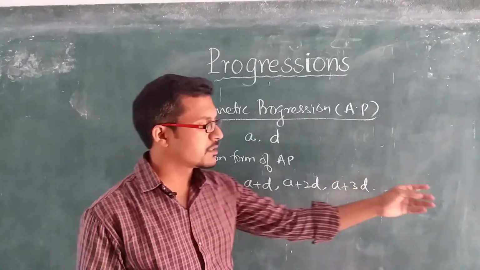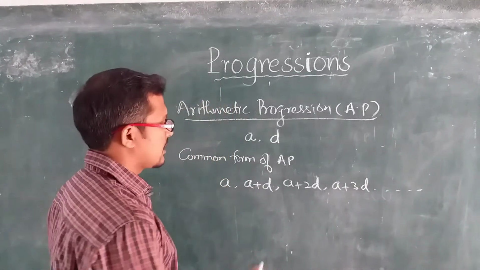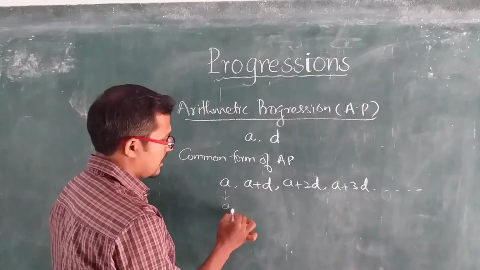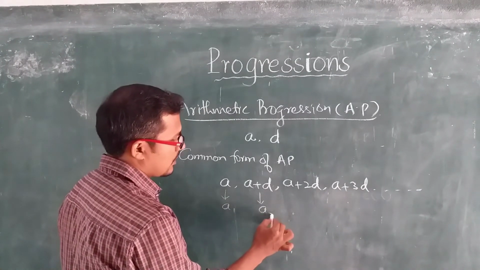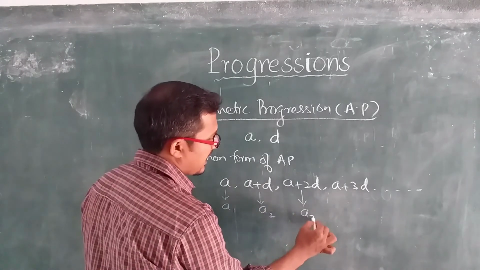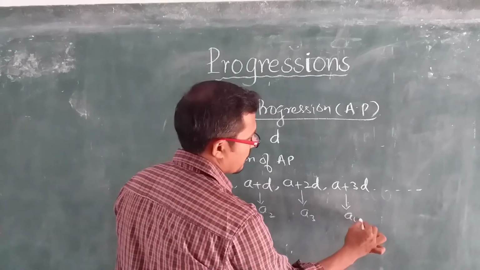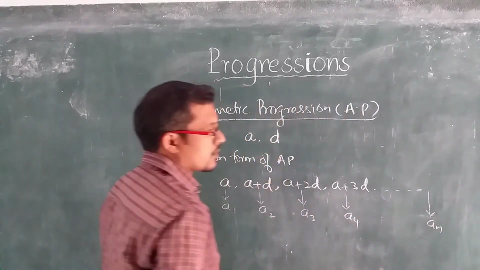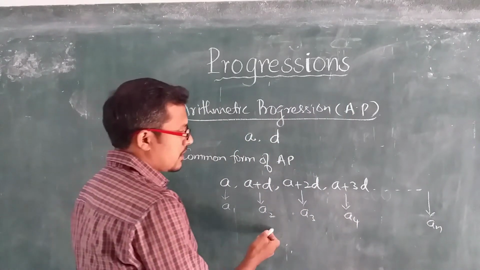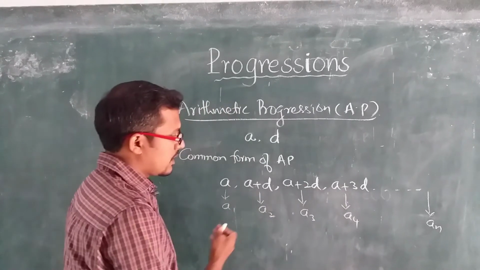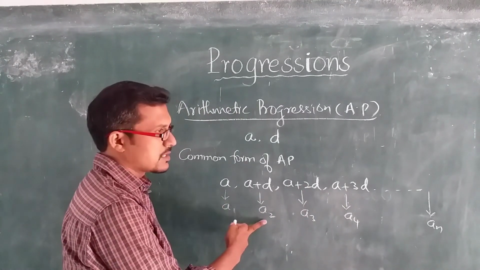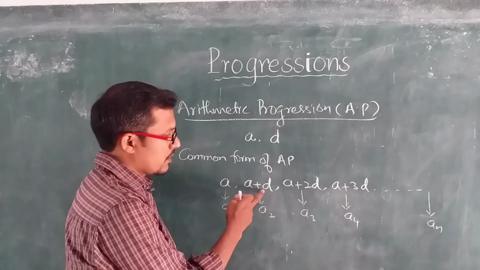So what will the nth term be? We can easily obtain the nth term. This is the first term A1, this is the second term A2, this is the third term A3, this is the fourth term A4. There is a common thing in this progression. In A2, the D is 1.